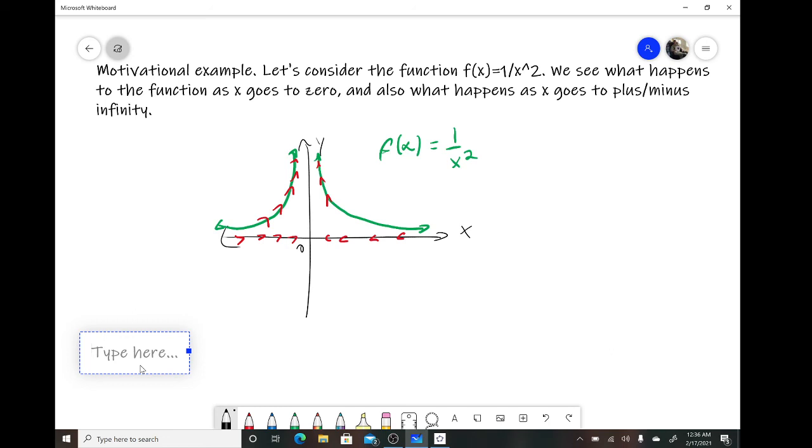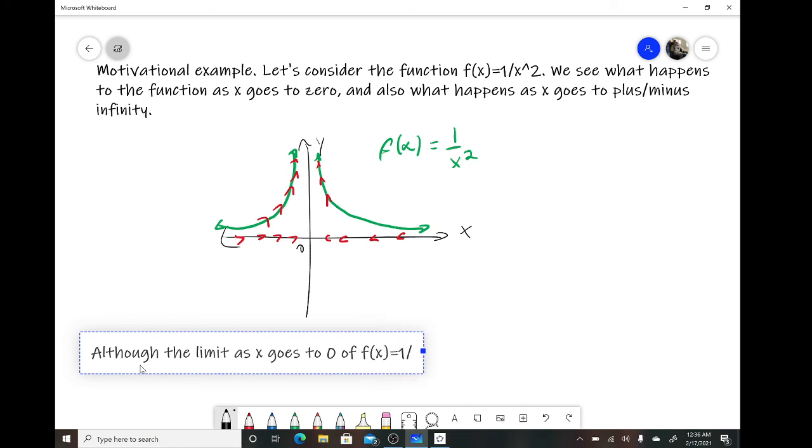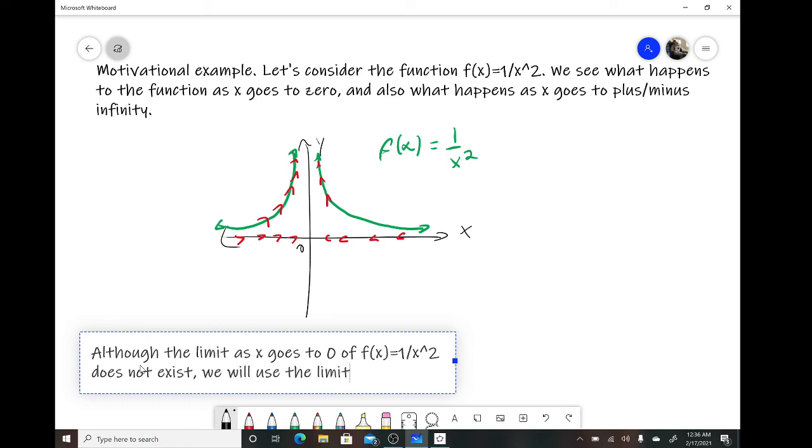However, we will use the limit notation to make sense of what's going on here. So although the limit as x goes to 0 of f of x equals 1 over x squared does not exist, we will use the limit notation to explain this phenomenon.